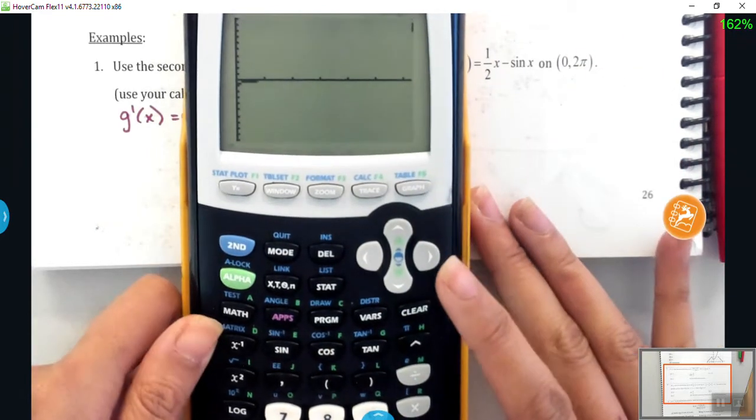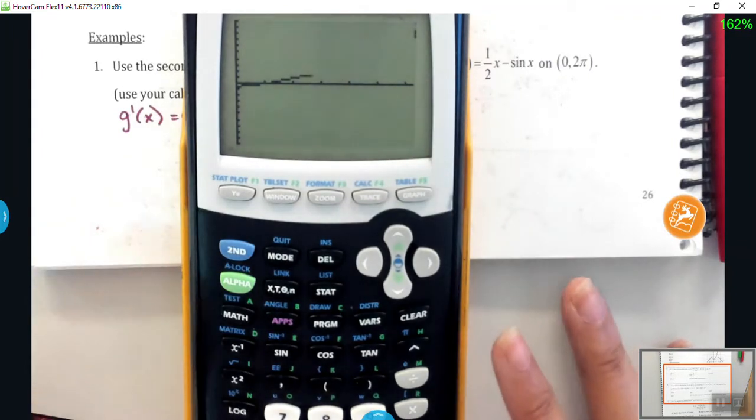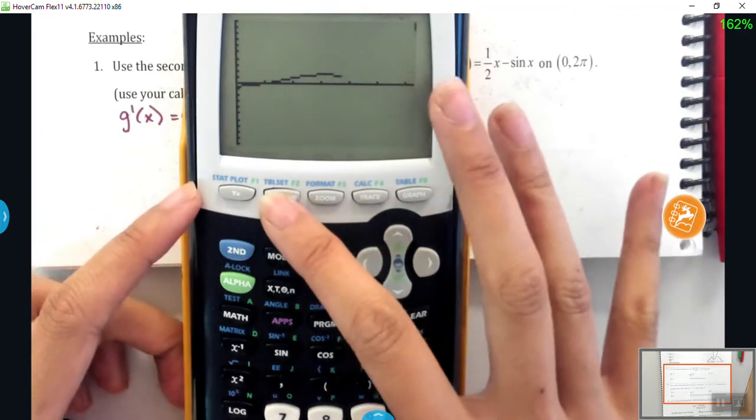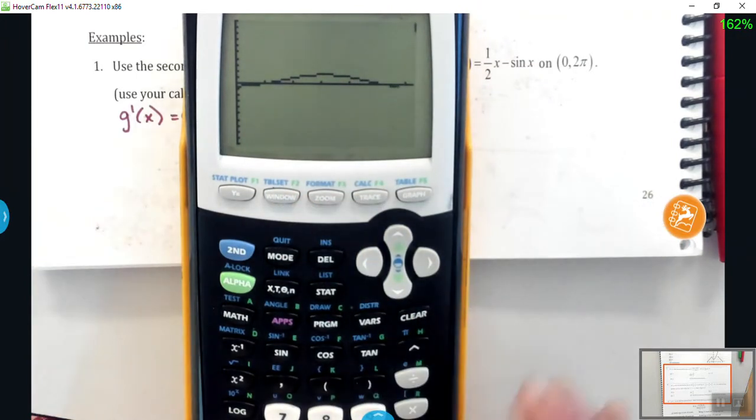Okay, anybody have questions or need help? Just go to window, and x min should be 0 and x max should be 2 pi. Are you in? How do you turn off the function?